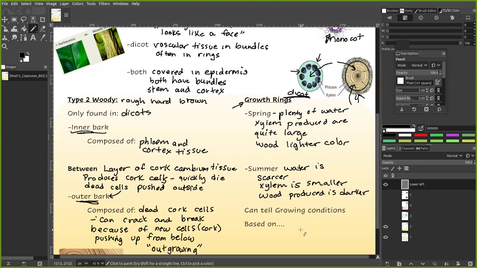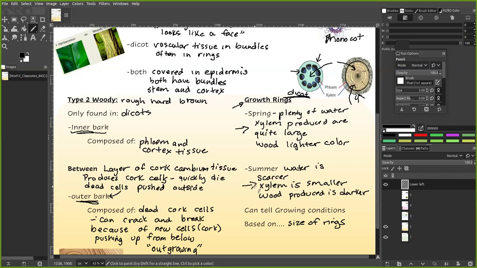And you can tell the growing conditions based on the size of the rings. Each year, one of these rings, which is one light and one dark, is produced.